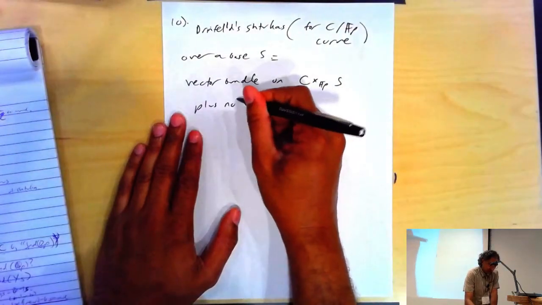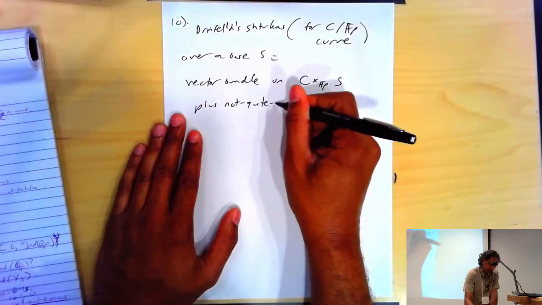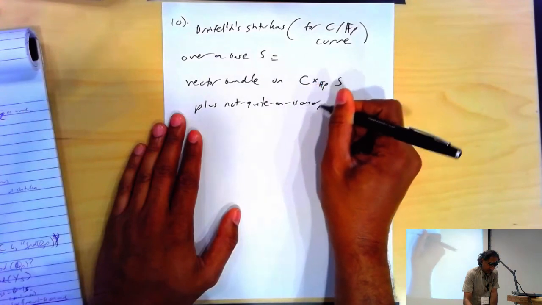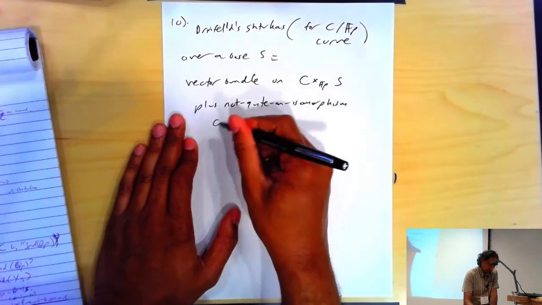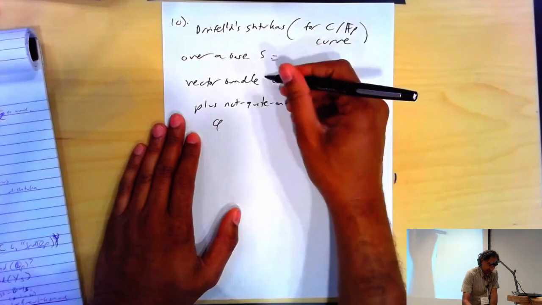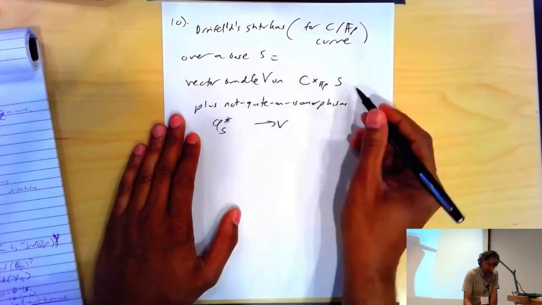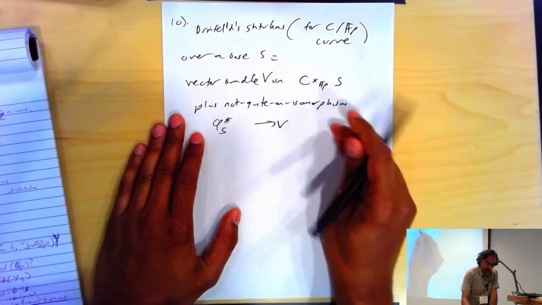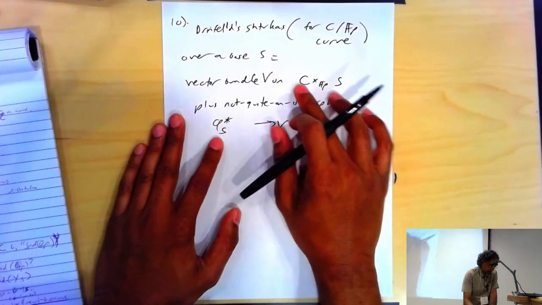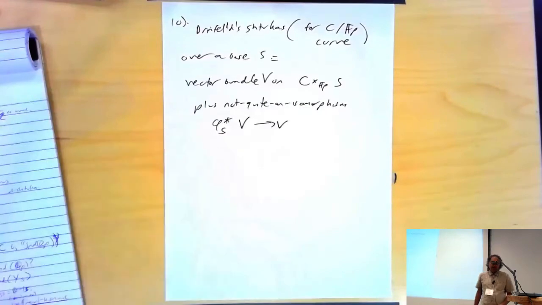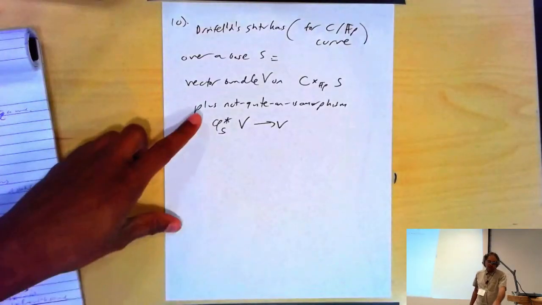Plus what I'll characterize as a not quite an isomorphism between this thing, say V, and its pullback along the Frobenius on S. So I take the Frobenius on S and the identity on C, and I use that as a map. I pull back by that, and I specify not quite an isomorphism.